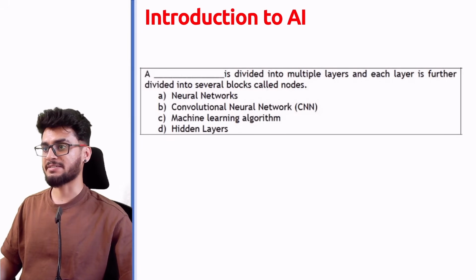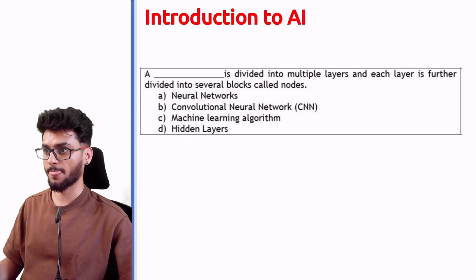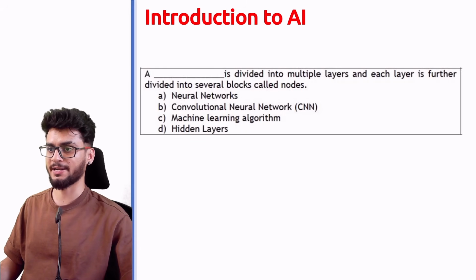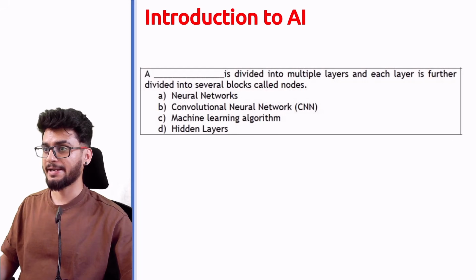A dash is divided into multiple layers, and each layer is further divided into several blocks called nodes. Okay, neural networks, convolutional neural networks, machine learning algorithms, or hidden layers. So let's try to eliminate. Hidden layers is not the right answer.